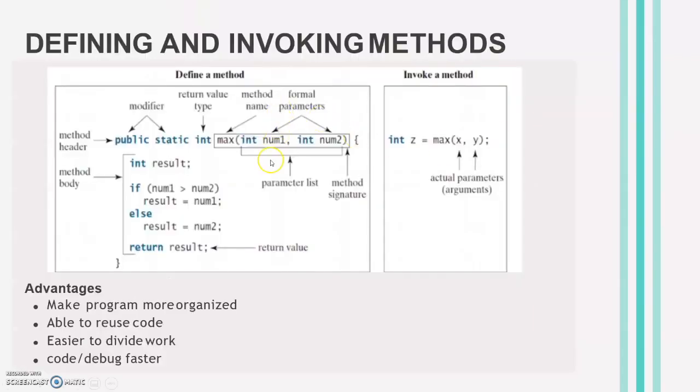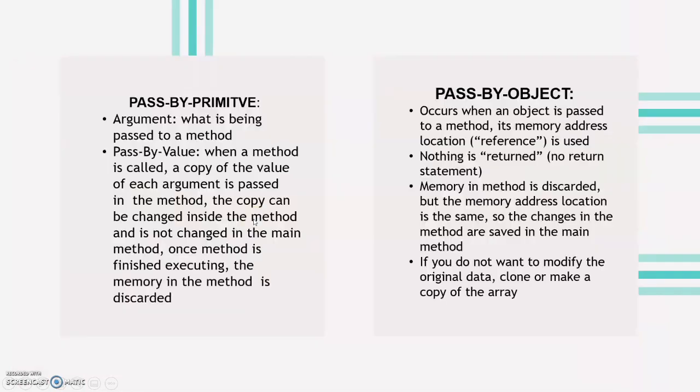So just know that whenever you make changes to an object type inside your method, those changes are reflected in your main method. However, whenever you make changes to a primitive type parameter inside your method, those changes are not reflected. And that's a very important distinction to make, especially if you're getting into coding larger programs.